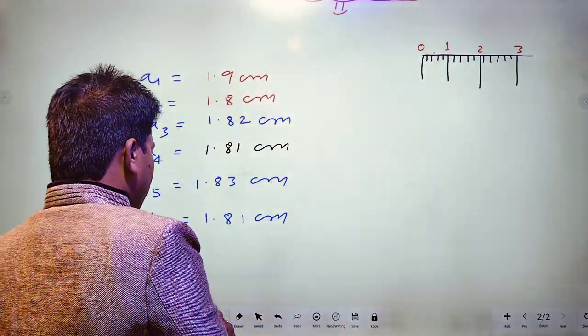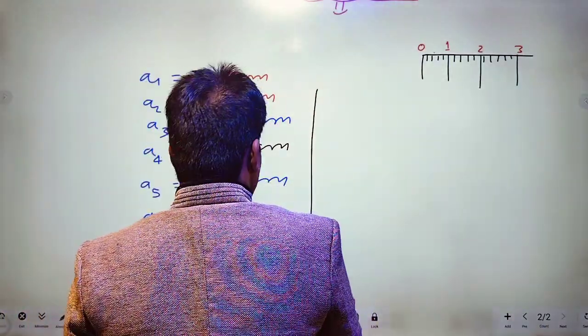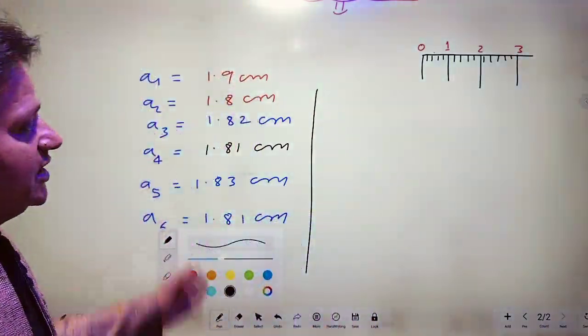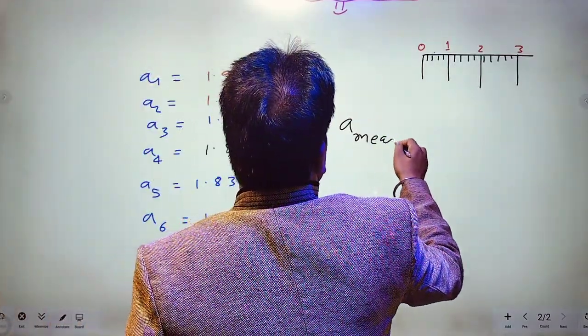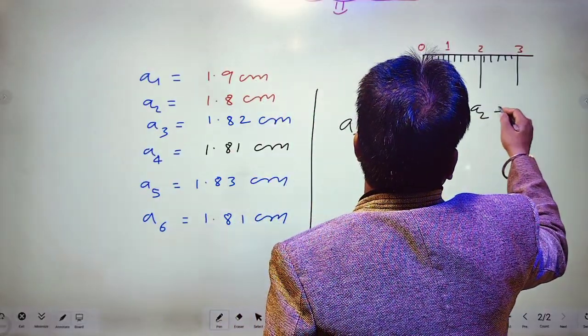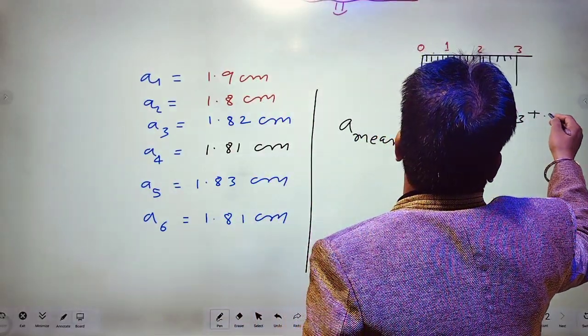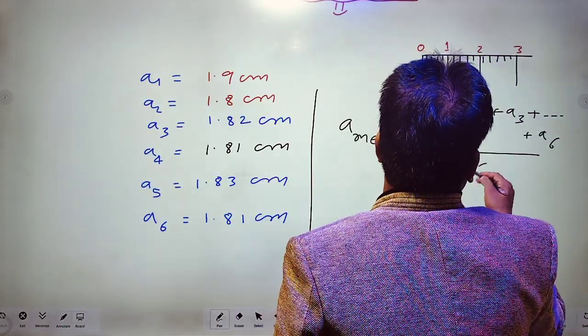Now I am going to take the mean value of these readings. This is the mean: A1 plus A2 plus A3 and so on up to A6, upon 6.